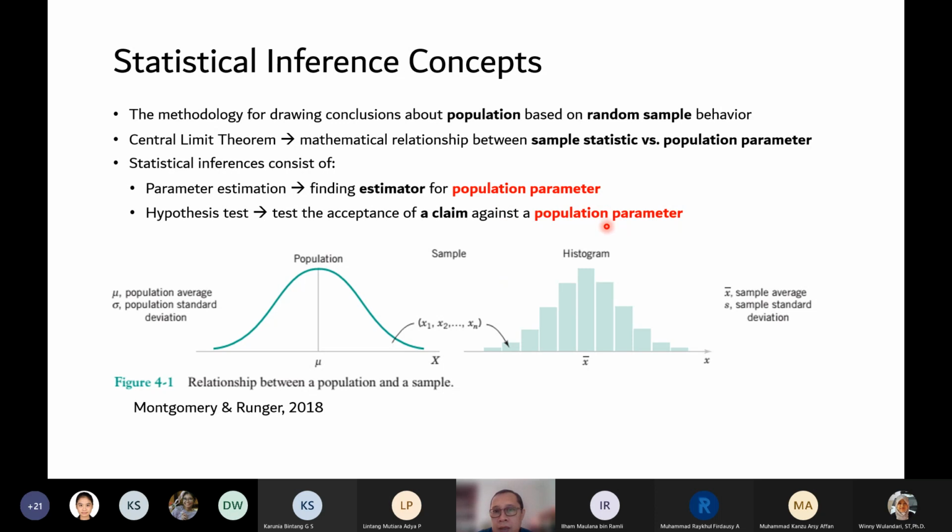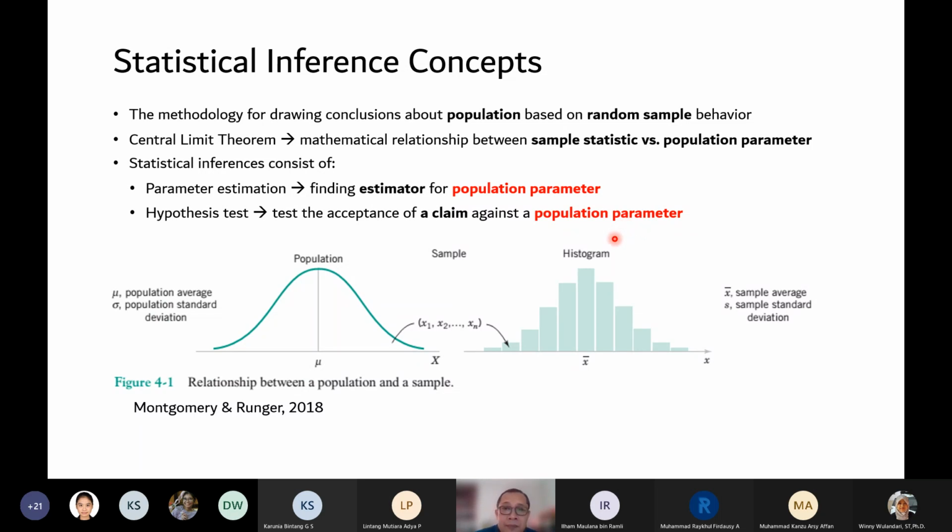the procedure by which we test the acceptance of a claim about a population parameter. So let's say that I make a claim about the average GPA of ITB undergraduate students. Maybe I make a statement like, the GPA of all ITB undergraduate students is not more than 3.5.